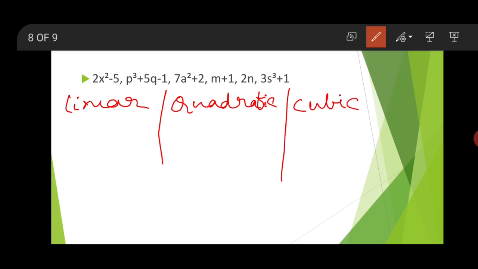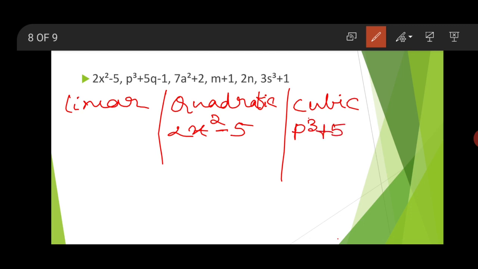Now, first example, 2x square minus 5. Which type of polynomial is this? Its degree is 2, so it is a quadratic polynomial.